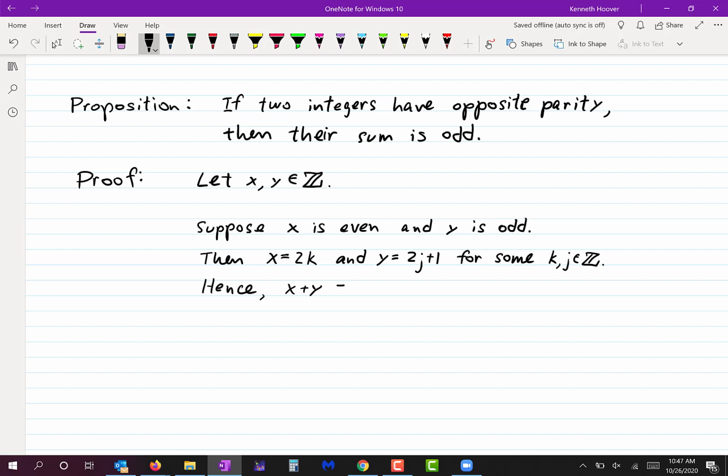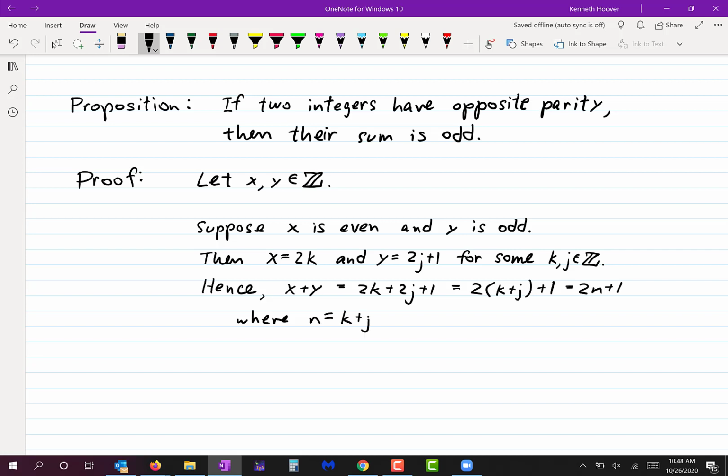Their sum will equal 2k plus 2j plus 1, which, by the way, notice is the same thing as 2 times k plus j plus 1, which if we call that number k plus j, what do you want to call it? Let's say n, which equals 2n plus 1, where n would be equaling k plus j.